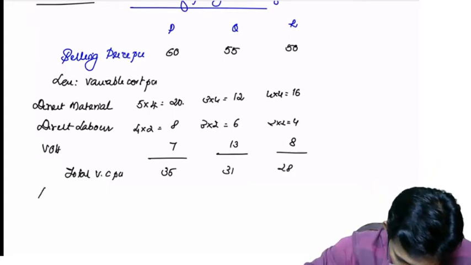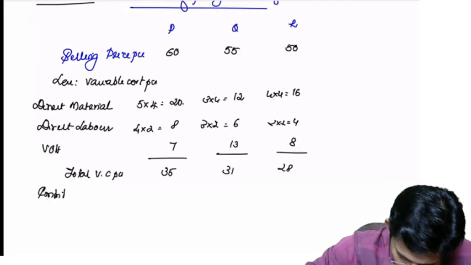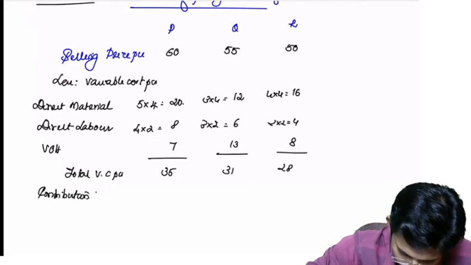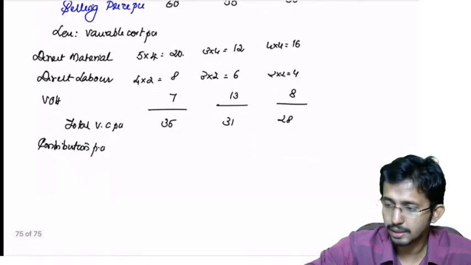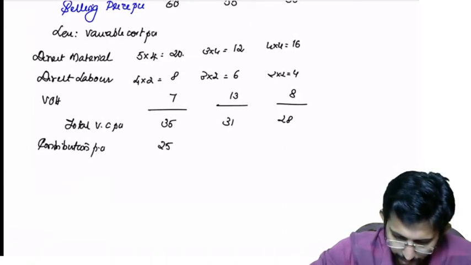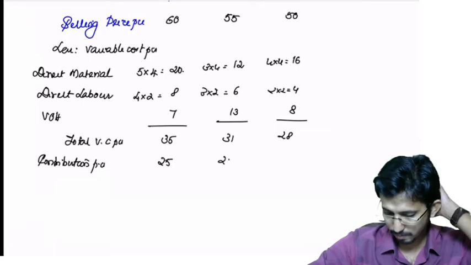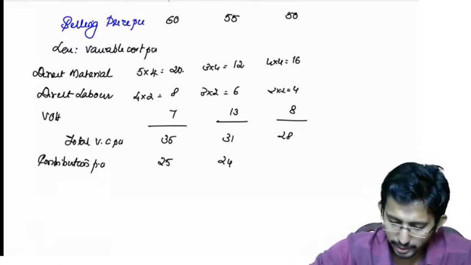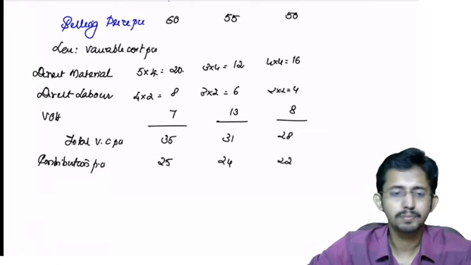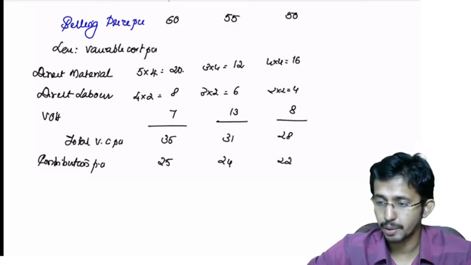Now contribution per unit. $60 minus 35 will be 25, then 55 minus 31 will be 24, and 50 minus 28 is 22. Okay, so that is the contribution per unit.